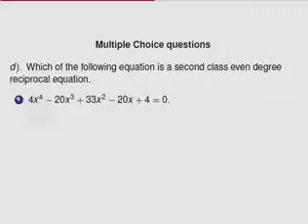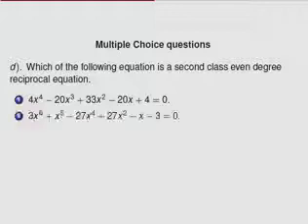The first choice is definitely an even degree, and comparing a naught and an, this one is like signs. Next choice is also even degree, and a naught is equal to minus of an, so this one is the second class even degree reciprocal equation.